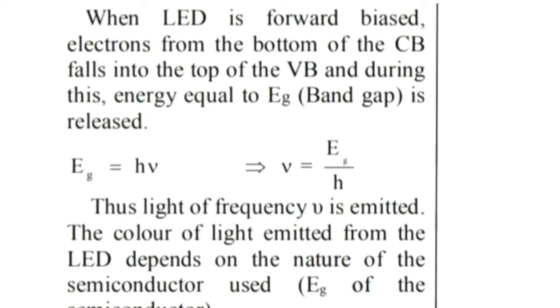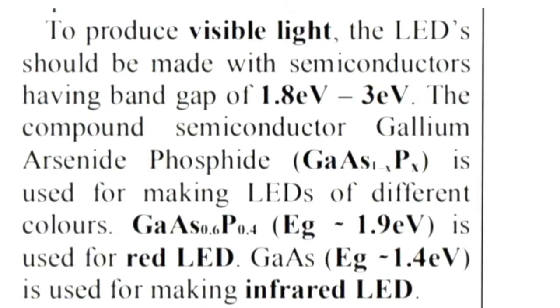So the equation we can write is band gap energy Eg equal to h nu, where nu is the frequency of the photon emitted. Therefore, nu is equal to Eg by h. This equation shows that the frequency of light emitted depends on band gap, and that is how we say the color of light emitted from the LED depends on the nature of semiconductor used. Now, to produce visible light, the LEDs should be made with semiconductors having band gap of 1.8 electron volt to 3 electron volt.